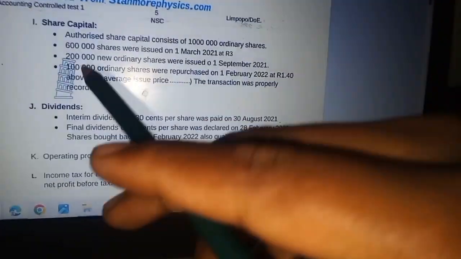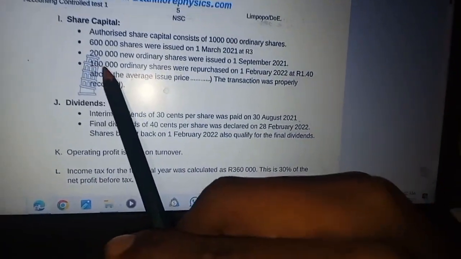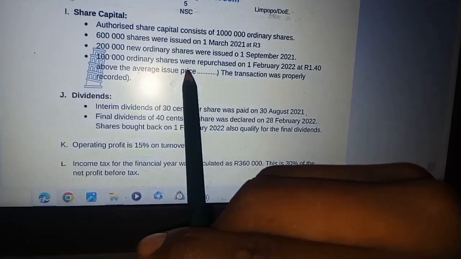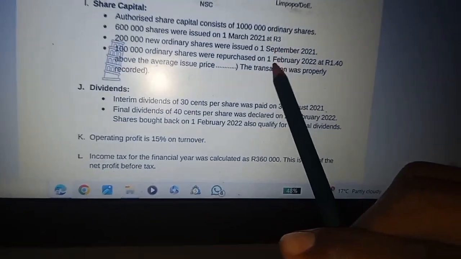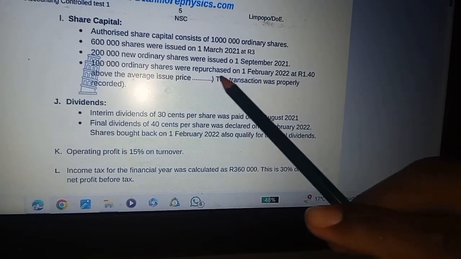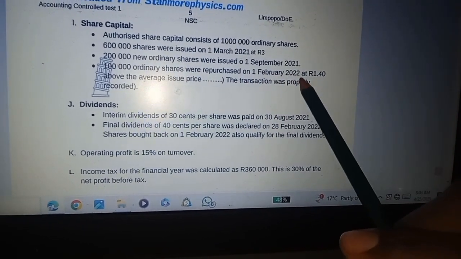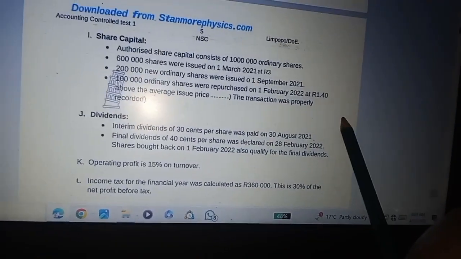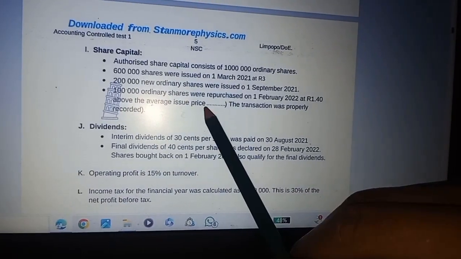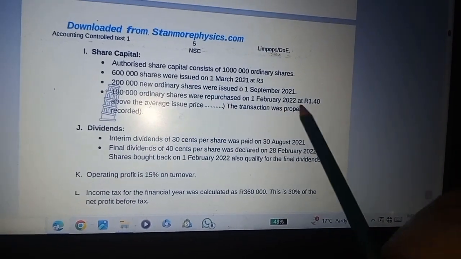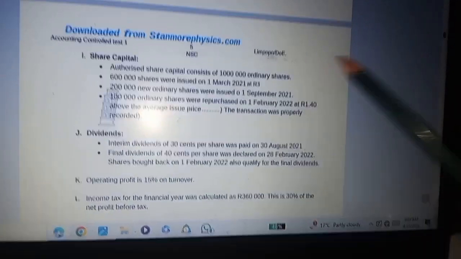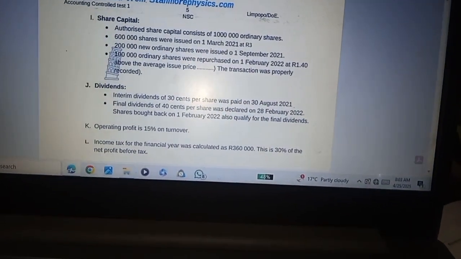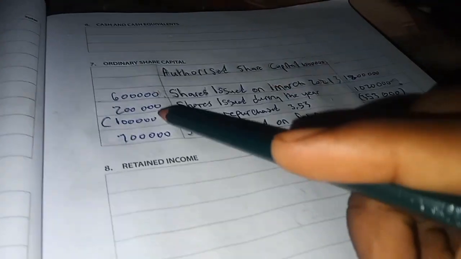Now we go to bullet number 4. They say 100,000 ordinary shares were repurchased on 1 February before the end of the year, at 1 rand 40 cents above the average price. What is going to happen is that the amount of shares is here.